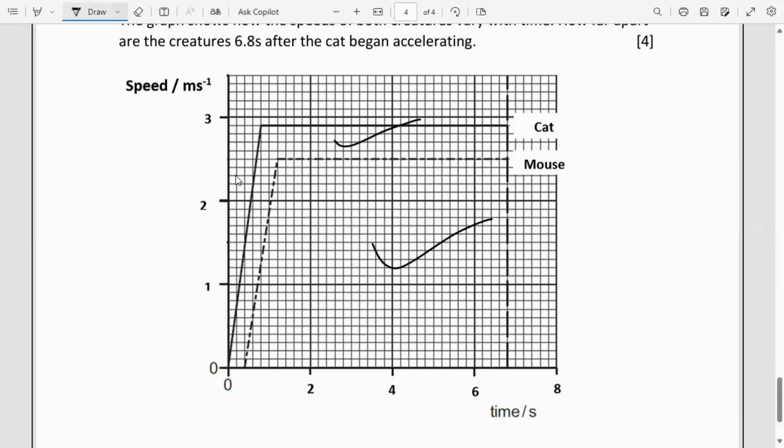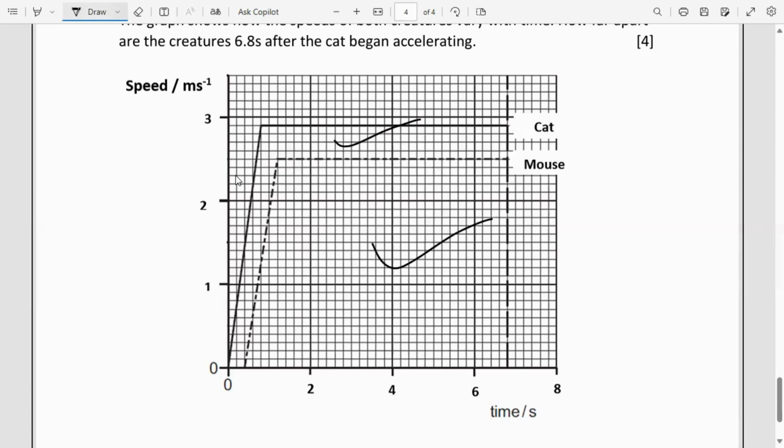So what are we going to do in order for us to find the distance? We're going to find the area under these two graphs, the graph for the cat and the graph for the mouse. So this area is going to tell us the distance that these animals moved 6.8 seconds after the cat had started running. When we find that distance, we're going to subtract the two to see how much distance is between these two animals after 6.8 seconds.